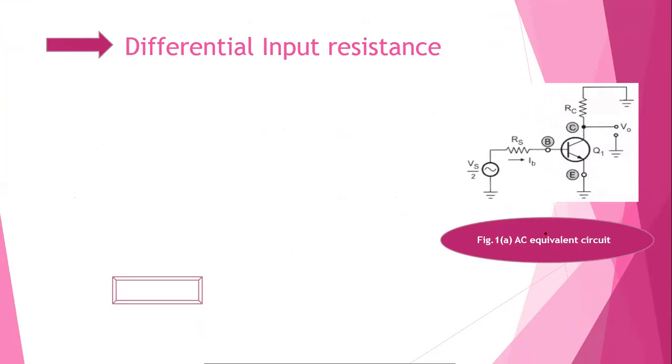For Q1, if we consider V1 to be the voltage source, the other voltage source V2 will be grounded, and similarly vice versa. As Q1 and Q2 are matched transistors with identical characteristics, it is sufficient to take any one of the transistors. For simplicity, I am considering the Q1 transistor for analysis.